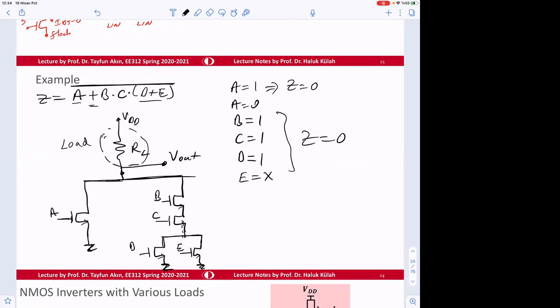E is don't care. If this is 1, this is don't care, and this is 1, this is 1, the output is going to be low. Is that okay? Anladım hocam. Teşekkür ederim.